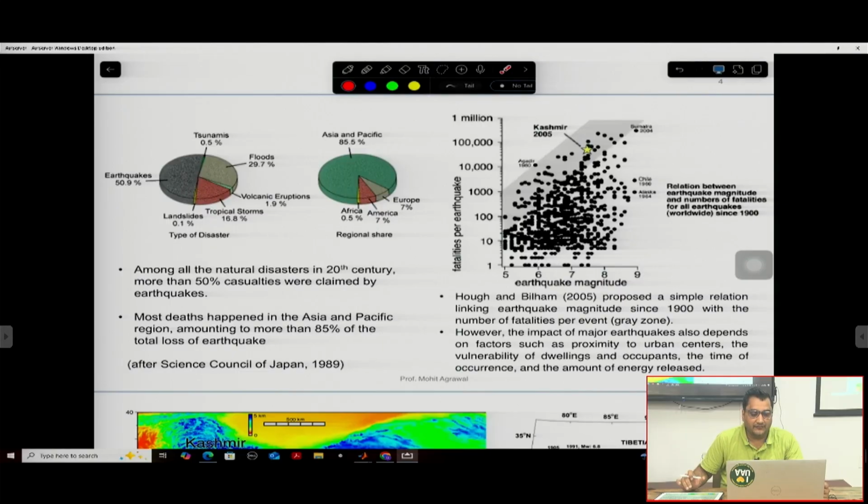And if you compare the casualties with respect to important regions in the world, then Asia and the Pacific suffered more compared with Africa, America and Europe. That is quite natural because of the bad and poor construction designs of the buildings over there.